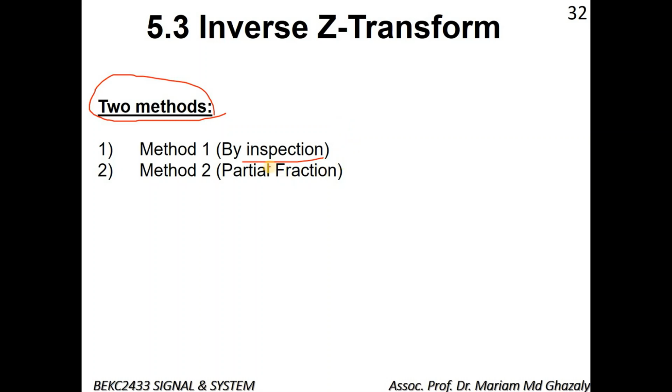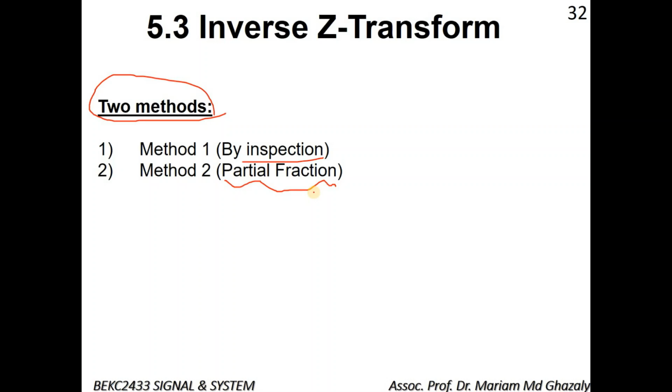Method 2 is partial fraction. Partial fraction is needed when you have a complex equation that is not similar to what you see in the Z transform table.